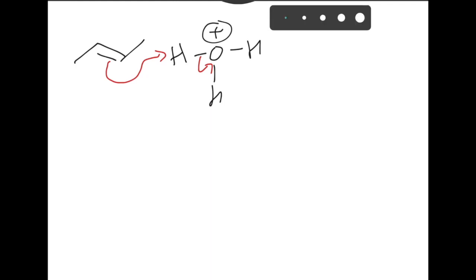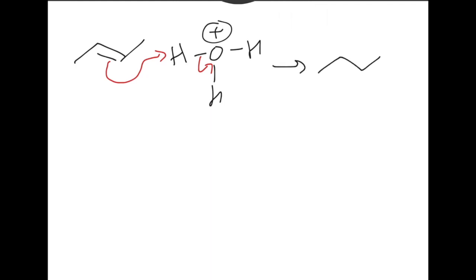That's going to lead to our carbocation. And we're going to have water. Now at this point, the lone pair on our oxygen of our water is going to act as our nucleophile. Those electrons are going to go add to the carbocation and going to make a new carbon-oxygen bond.